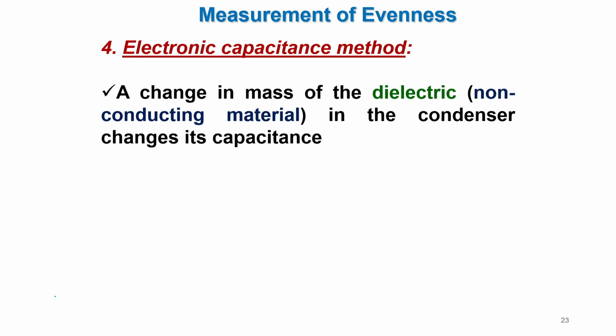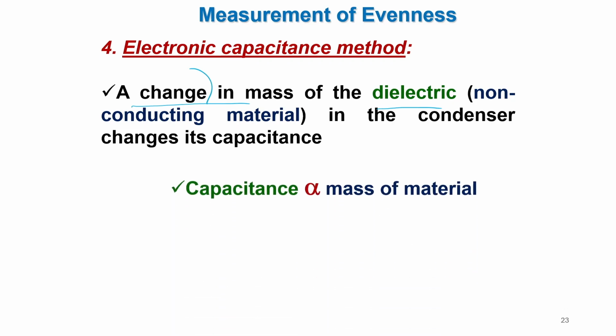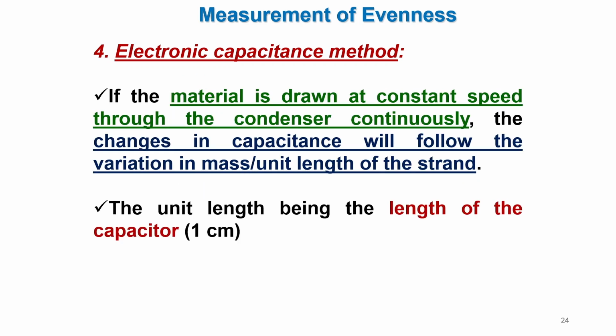So, a change in the mass of dielectric non-conductive material. If there is a change in the dielectric constant, the capacitance will change. Capacitance is proportional to the mass of the material present, as I have mentioned.